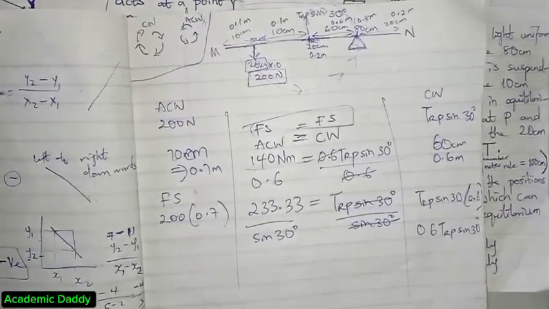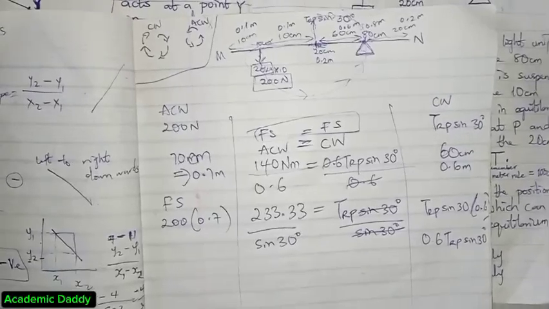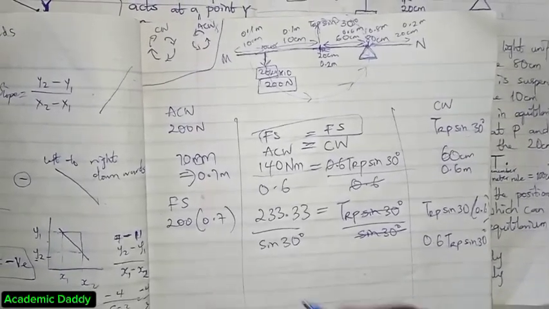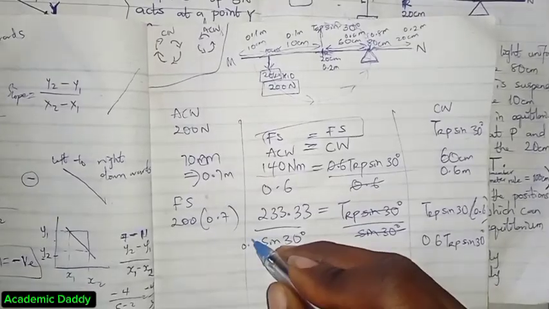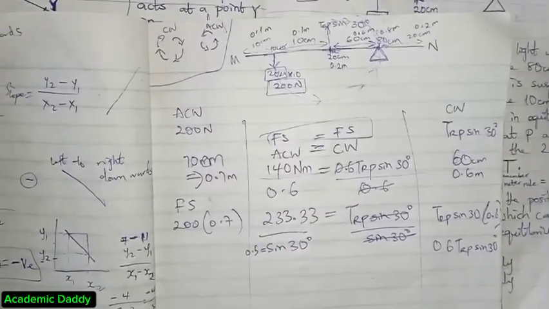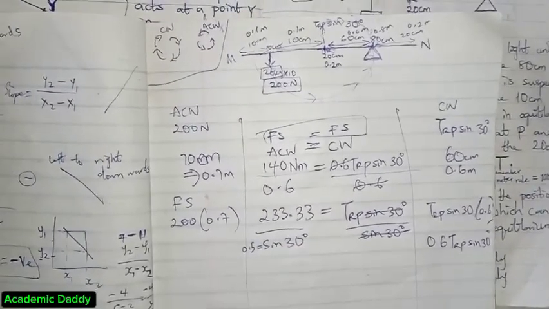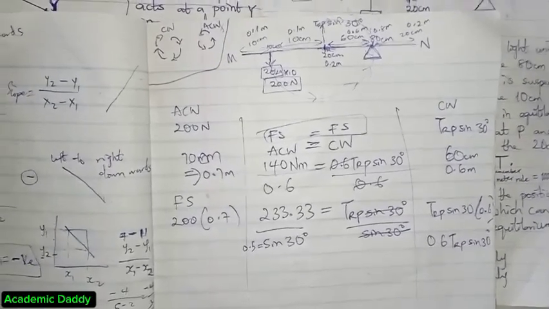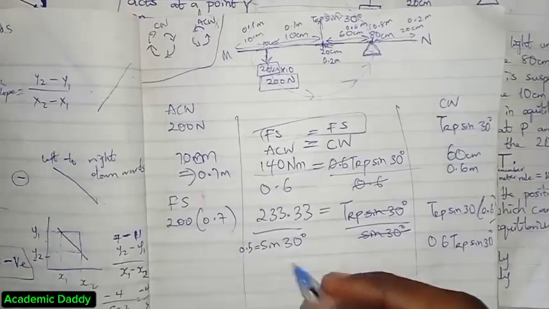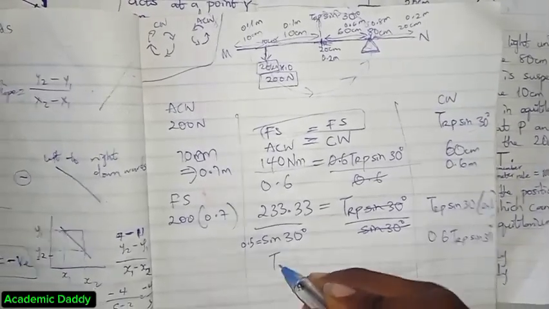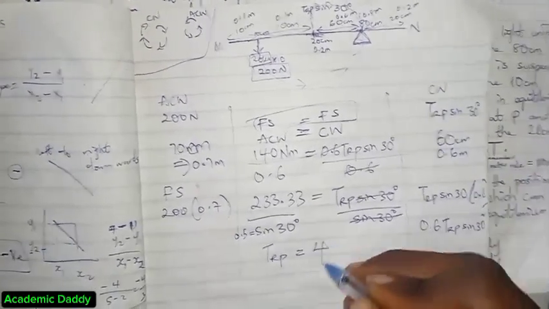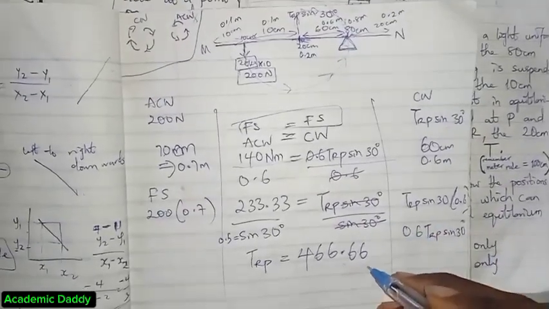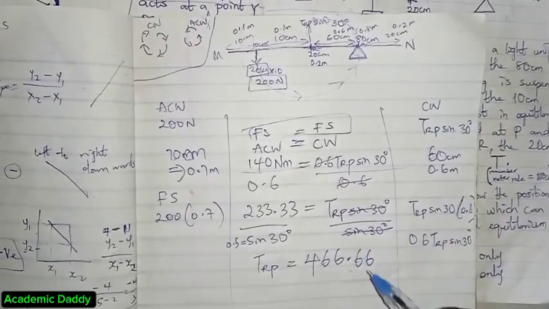Sine 30 is 0.5, so 233.33 divided by 0.5 gives the tension in RP to be 466.66.